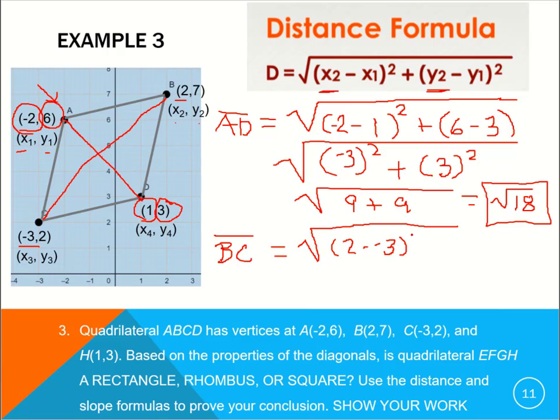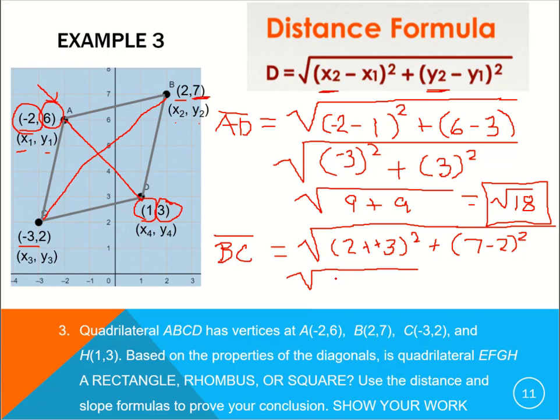And then we're going to square that. Plus, go back to whatever coordinate you started with in your diagonals. And then 7 minus 2. Now I'm going to quickly run through that and see if we have diagonals that are congruent. 2 minus a negative is a positive plus a positive.